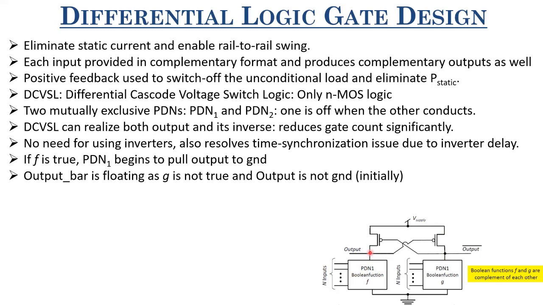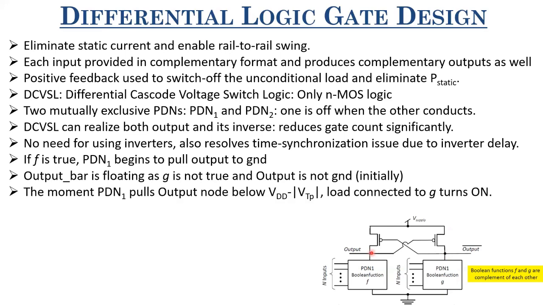Because neither output is immediately grounded, nor this G is on, right? So this node is not connected to VDD or ground because output initially has just started to go to ground. It is not ground yet. So this is not on, right? Now, this output bar is floating and this has just started being pulled towards the ground, right?